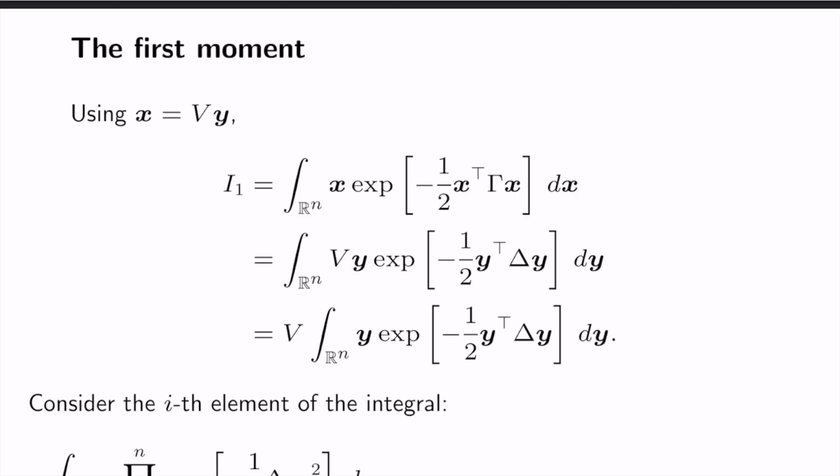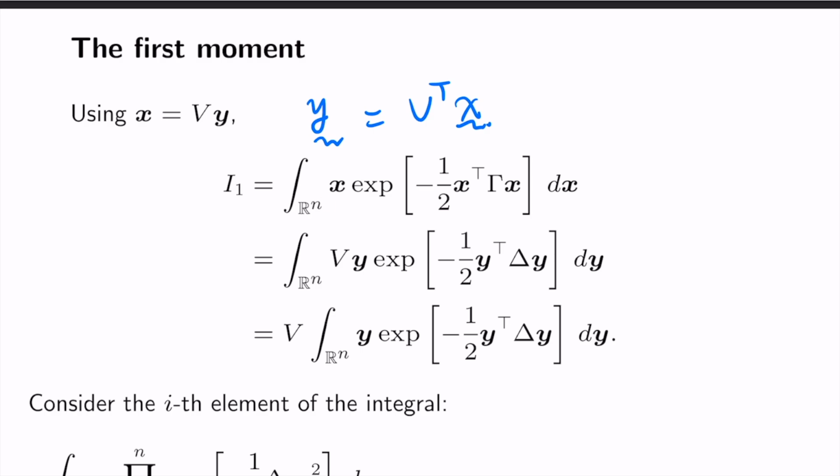Next, we calculate the first moment, that is this one. So x times this exponential and integrate it over the entire space. Again, we use this change of variables. Of course, this is equivalent to y equals v transpose times x. So that is the same change of variables as we have used in the previous result.